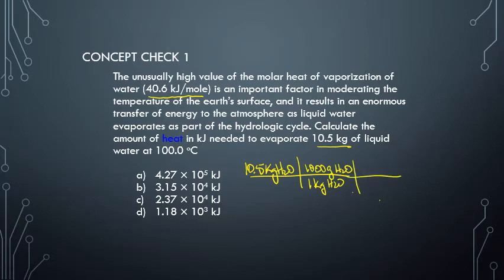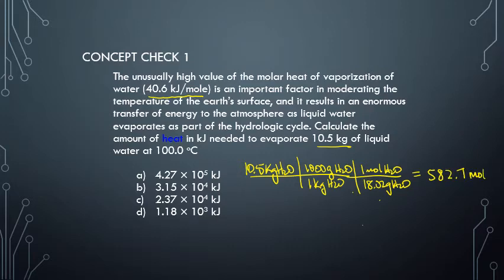And then the molar mass of water is 18.02 grams, so 18.02 grams found in 1 mole. And I solve for that, and that will be 582.7 for my number of moles.